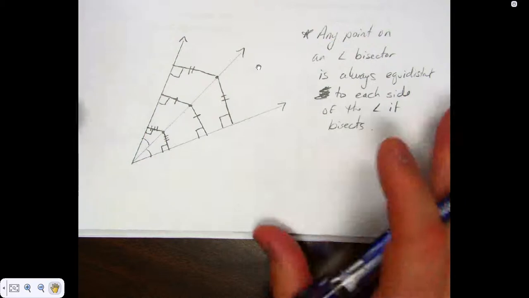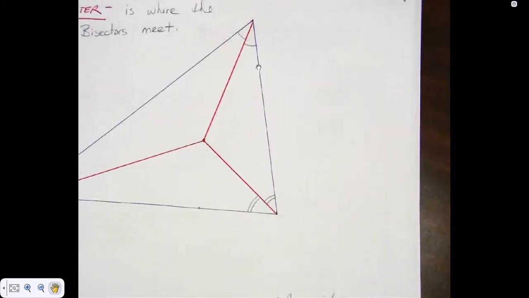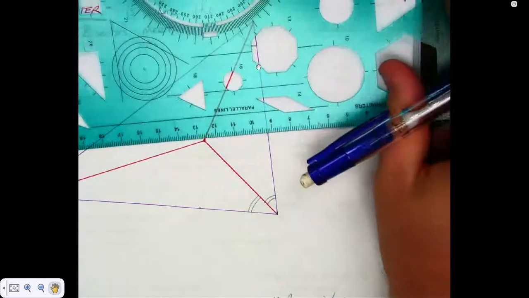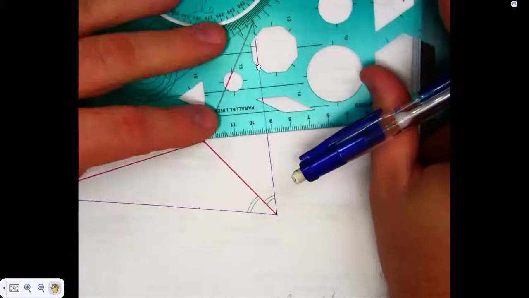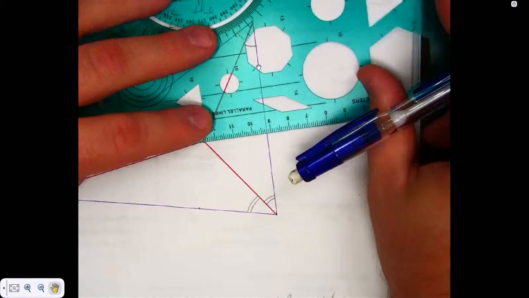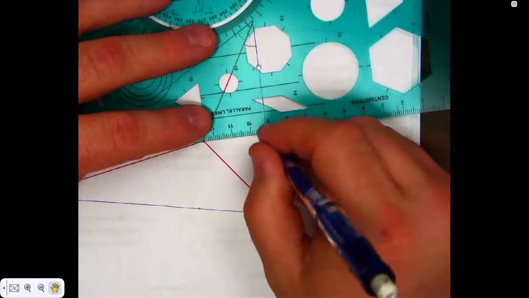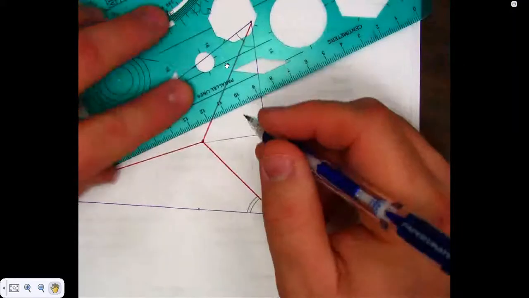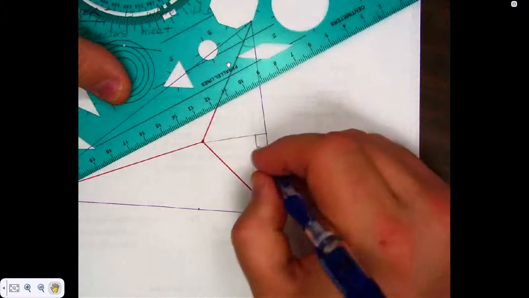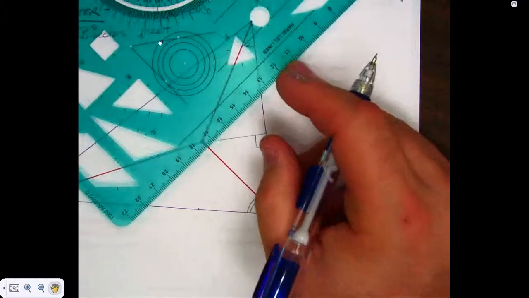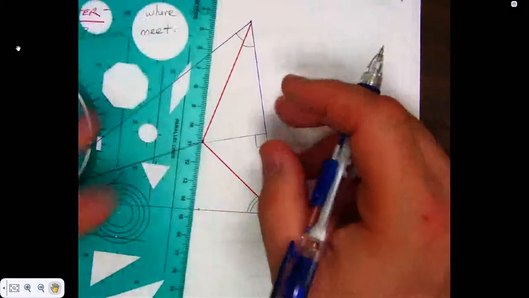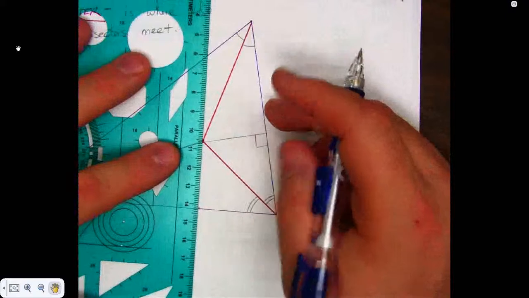Now, back to applying this to the angle bisectors of the vertices of a triangle. So I'm going to take the distance from here to here along a right angle, and then the distance from here to here along a right angle.